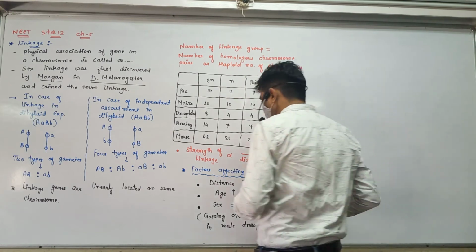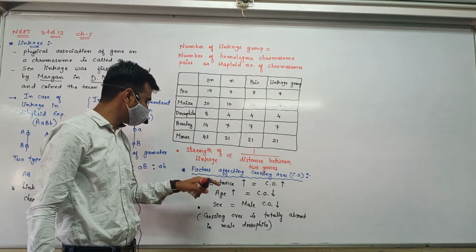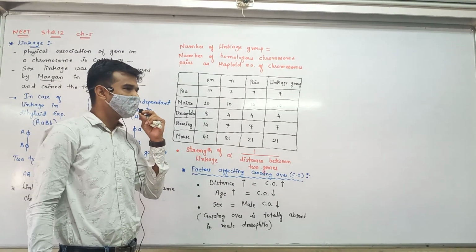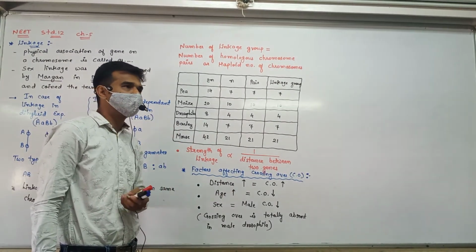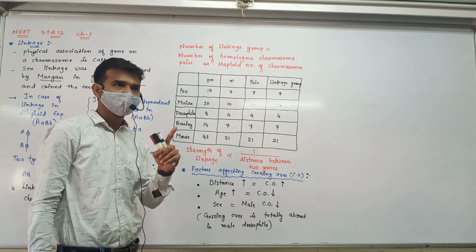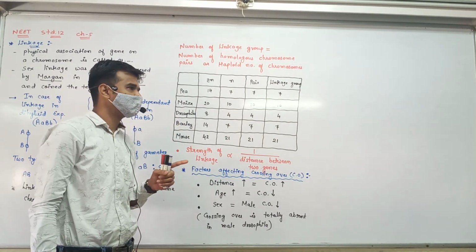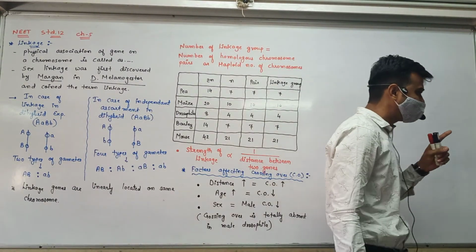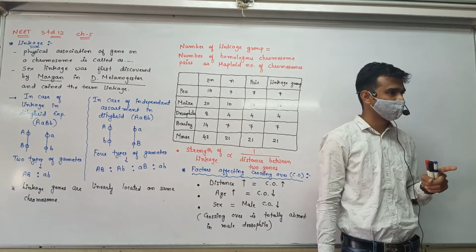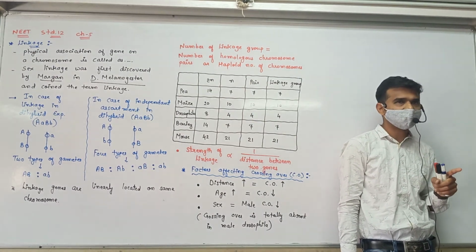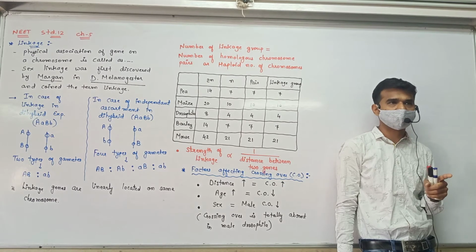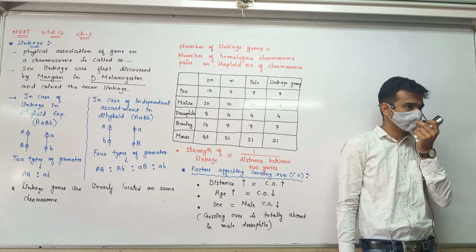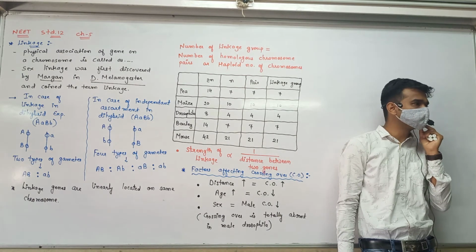So here, the distance between the two genes increases, crossing over increases, and one thing you should know: in meiosis division in prophase 1, in the packaging phase, the length of the chromosome is more.